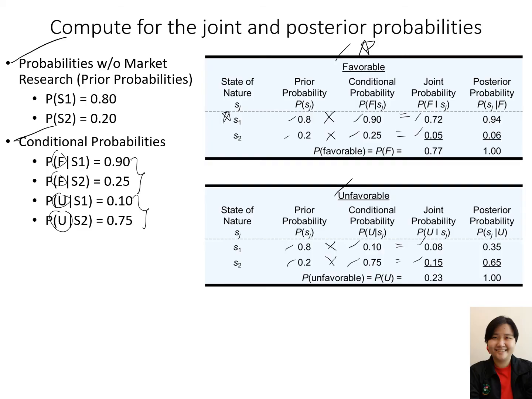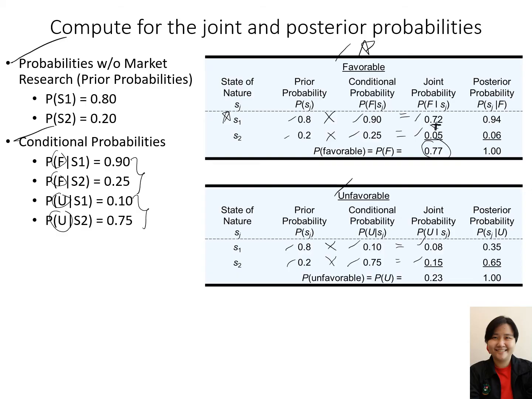Moving to step 2, we sum all the joint probabilities to get the marginal probability. So under the favorable market research, we're going to add these two, 0.72 plus 0.05, we will get 0.77.